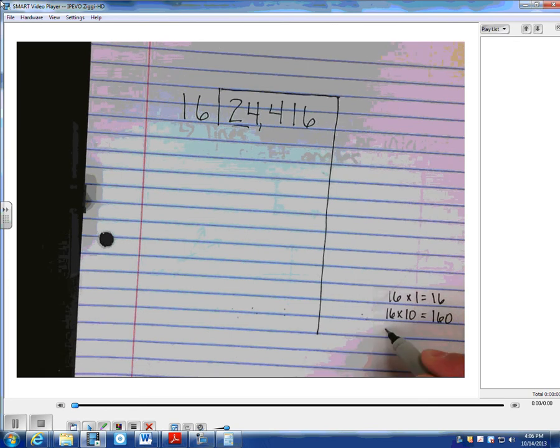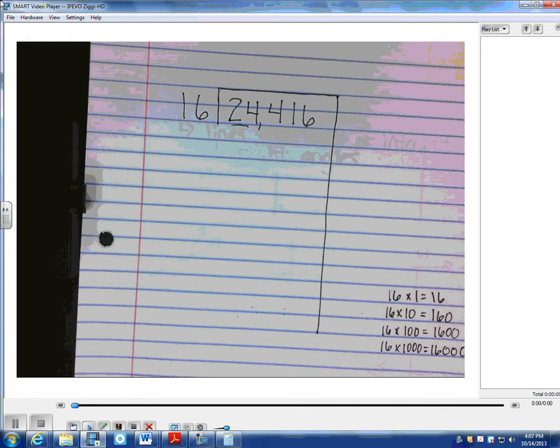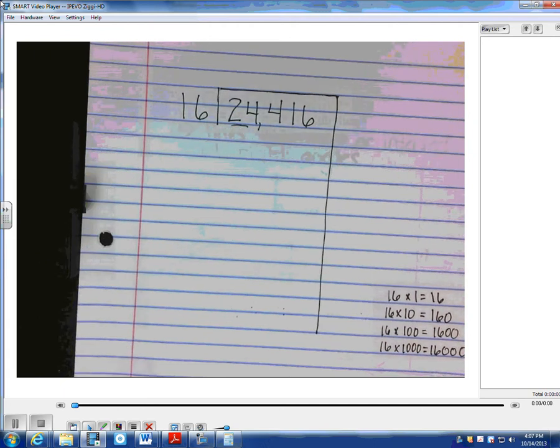So the next would be 16 times 100, and that will be 16 and 2 zeros. Next will be 16 times 1,000. That will be 16, and this time I'm going to add 3 zeros. I'm going to stop there because if I do it again, I'm going to get 160,000, and that's too high.